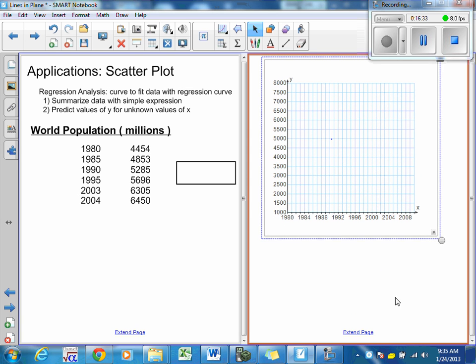So let's do a graph of this, what's called a scatter plot. So put my points down.